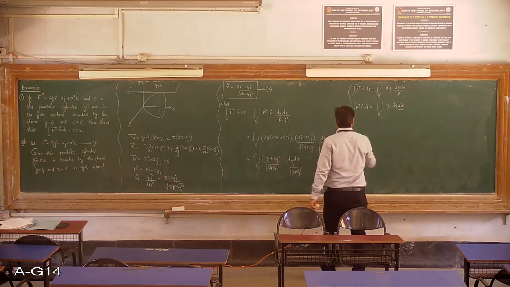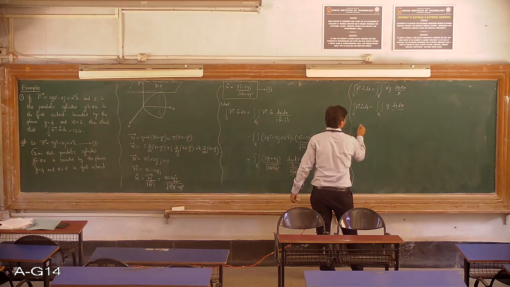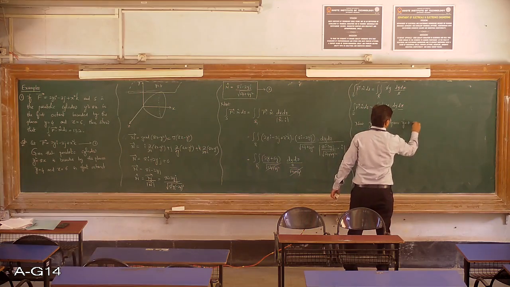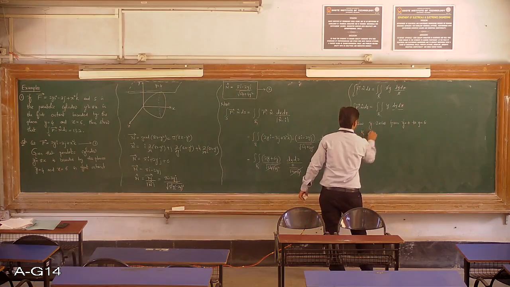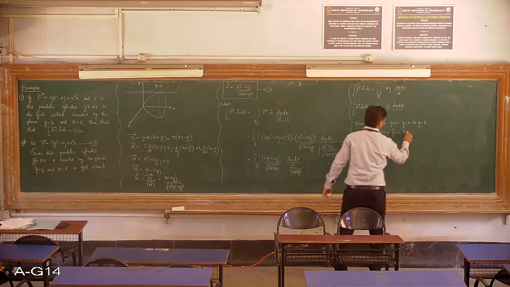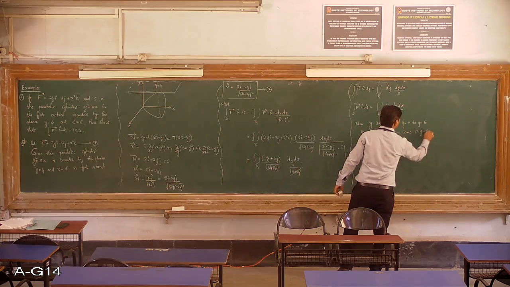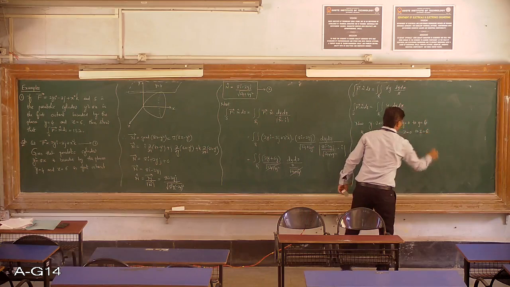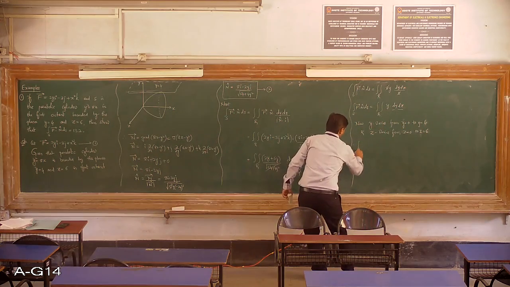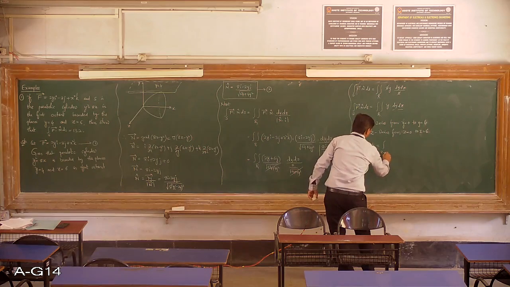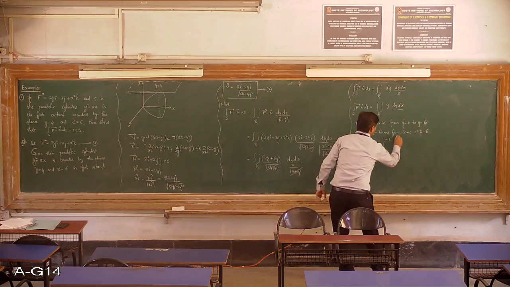Now y is varying from y equals 0 to 4, and z is varying from z equals 0 to z equals 6. Therefore, the integration over the surface of f dot n cap ds is equal to, I'll write first z equals 0 to z equals 6, and y equals 0 to y equals 4.